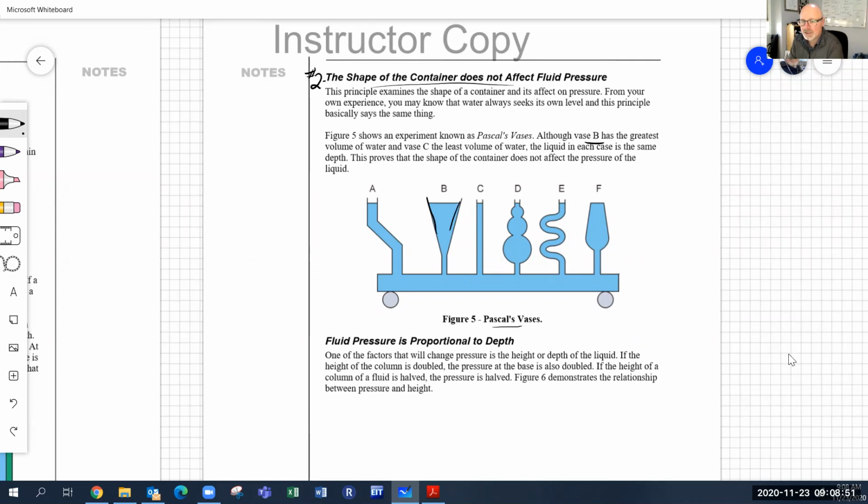If I had a pressure gauge located right here, it doesn't matter. Or if I had a pressure gauge right here, it doesn't matter. Pressure gauge right here, it doesn't matter. If the height of the fluid is the same for every single container here, then all the pressures are the same. It doesn't matter how big the vessel is.